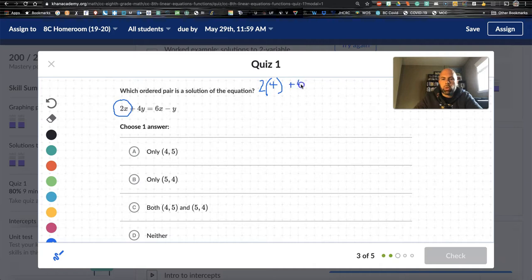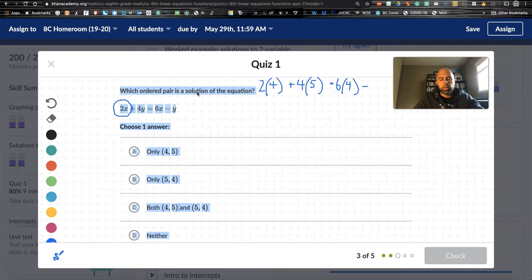Plus 4 times y, which in this case is 5, equals 6, x is 4, minus, does that. Stop selecting all of that text. Okay, whatever. And then minus y is 5.